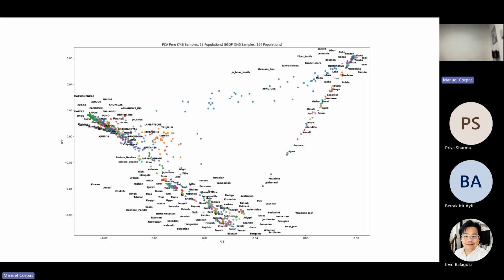Then a little further you have Japanese, Han, Bengali, Papuan, and then you get into European, Turkish, Punjabi, and then you go up there, Sahrawi, and then you get Africa, right? Hadza.